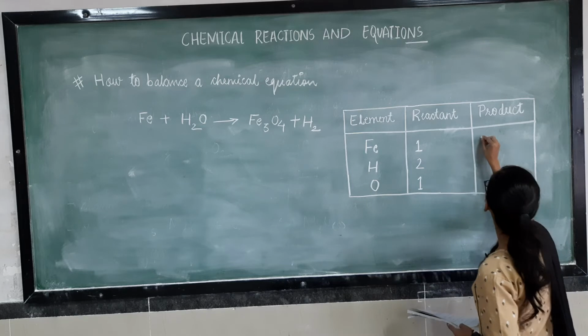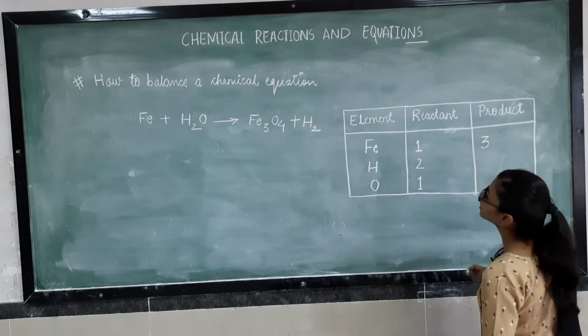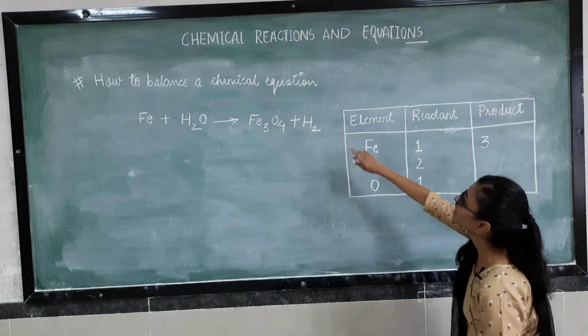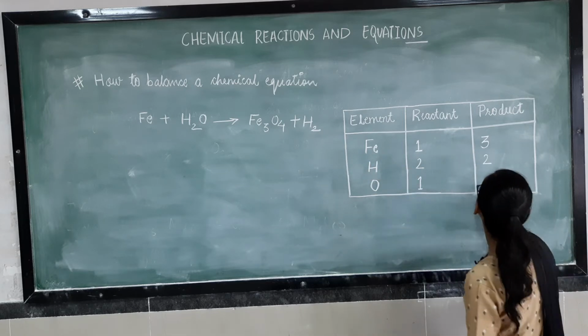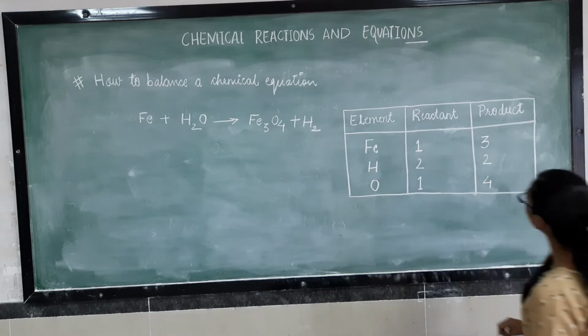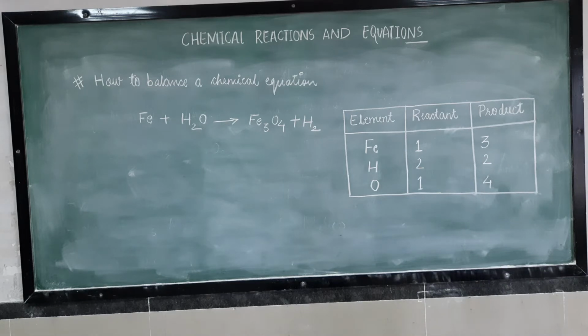That are 3. Hydrogen, how many hydrogens are there? 2 hydrogens are there. And oxygen, 4 oxygens are there. So here we can see that it is not balanced. These elements are not balanced. So here we are required to balance the equation.